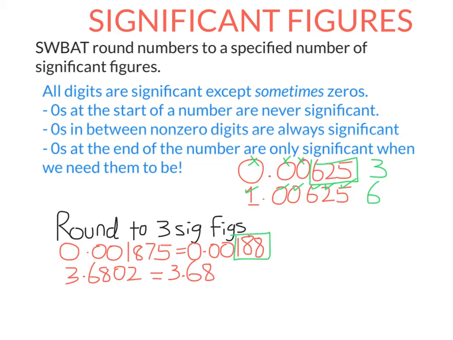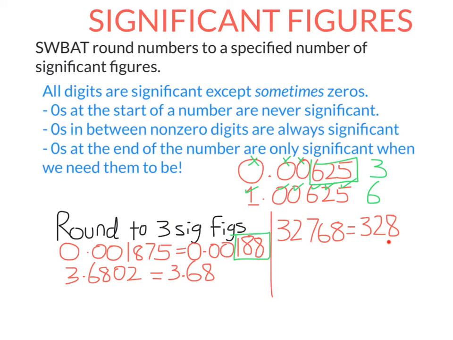Another thing that differs from when you're rounding to decimal places is that you can round whole numbers to a certain number of significant figures. So if I wanted to round the number 32,768 to 3 significant figures, well, the 3 is significant, and so is the 2. And the 4th significant figure, 6, it's 5 or more, so I raise the score, and I get 8. So this number now has 3 significant figures.